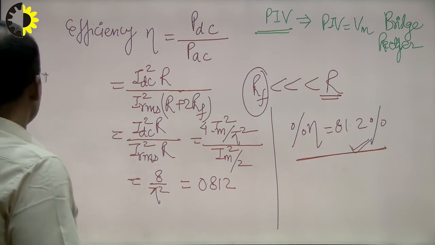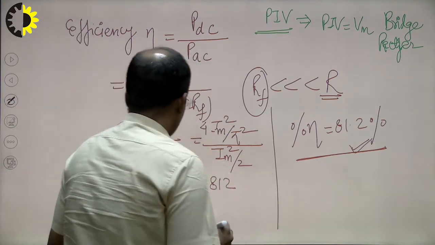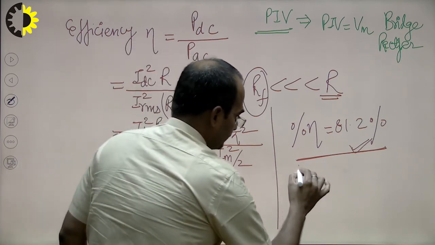When we find the peak inverse voltage for the center tap rectifier, the circuit of the center tap rectifier was like this.